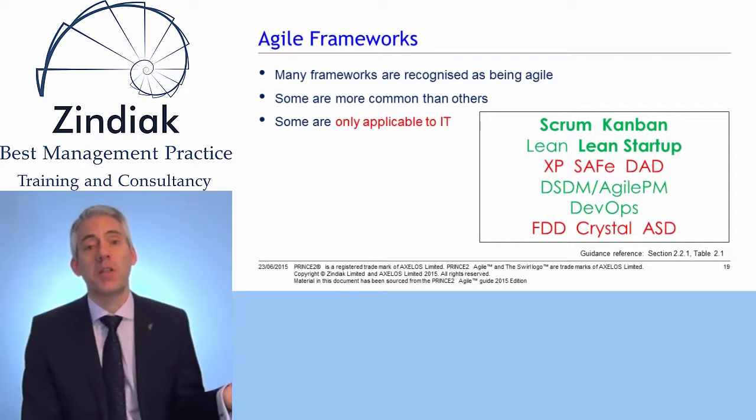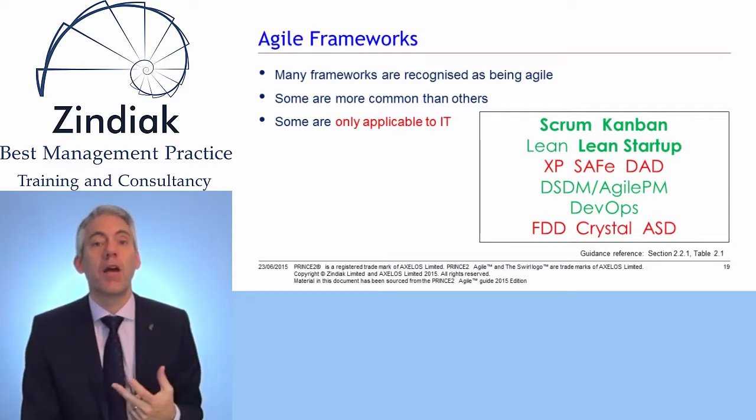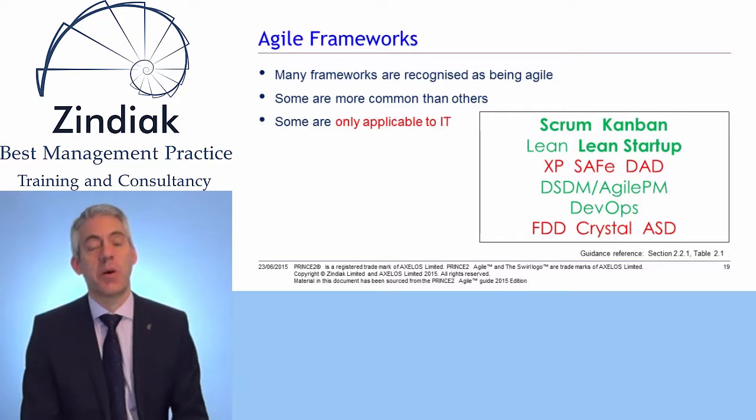And really, from a PRINCE2 Agile point of view, the three in bold, Scrum, Kanban and Lean Startup, are the three that PRINCE2 Agile focuses on. And certainly if you're taking the exam, they're the three you need to understand.